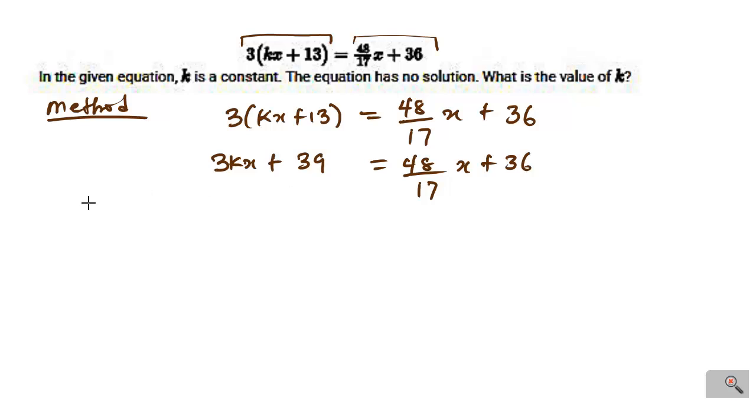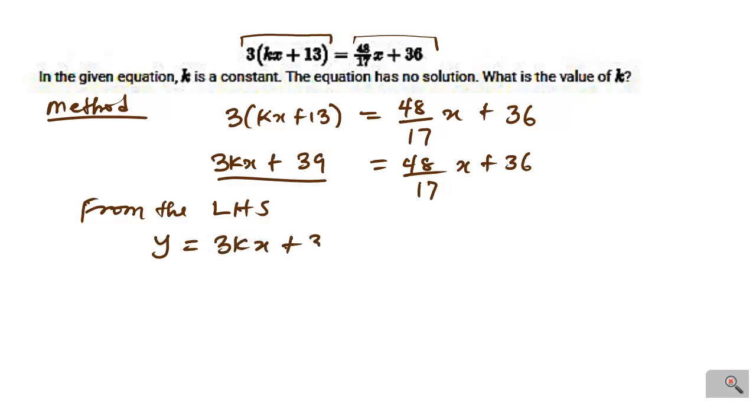So from the left hand side, which is this one, we can write it as y is equal to 3kx plus 39, right? Y is equal to 3kx plus 39. We can call this one equation 1.